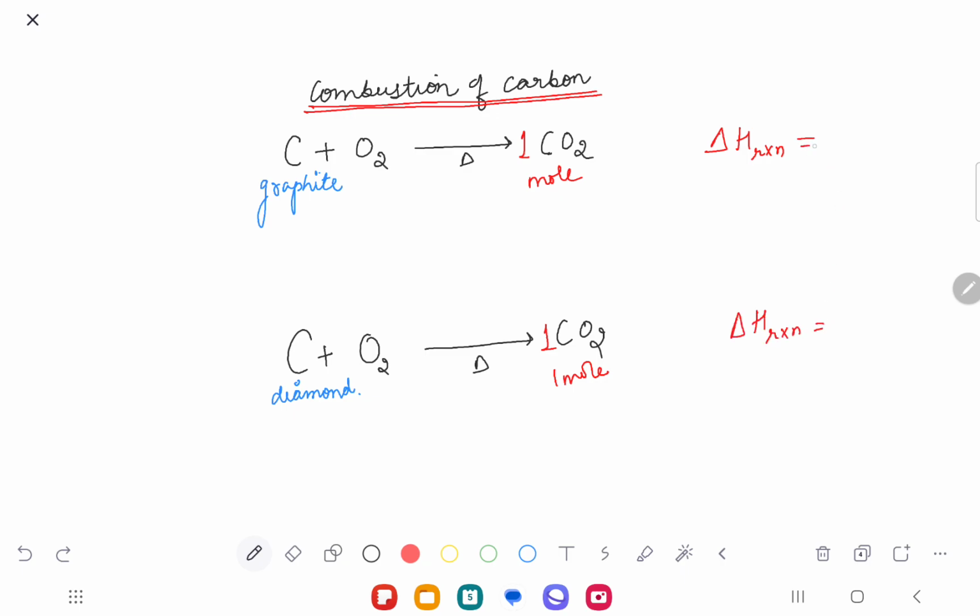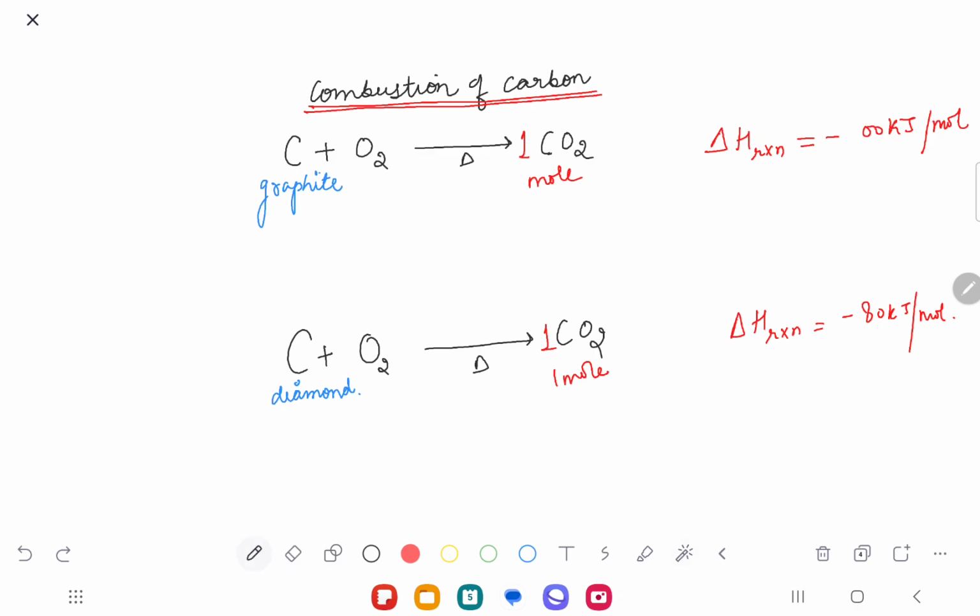Let us suppose some heat is released, minus 100 kilojoules per mole, and here also some energy is released, let's suppose minus 80 kilojoules per mole. I hope you're understanding.